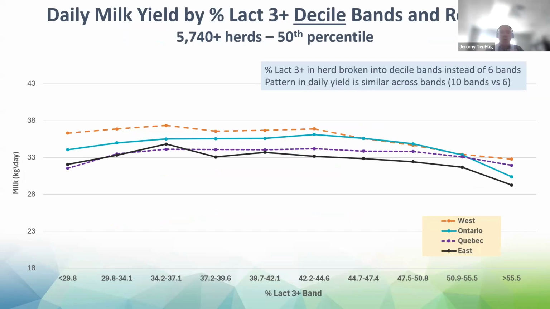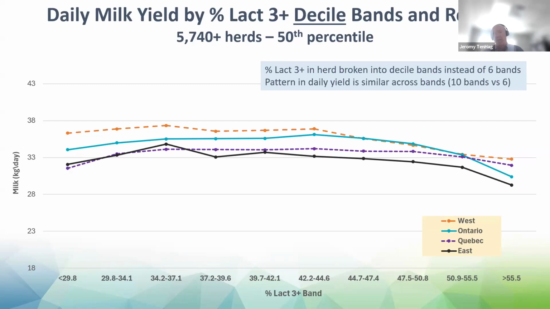So now what we thought we'd do, this is what we tried this year, is, is it going to make a difference if we just break up all the herds in all the regions into equal 10% chunks? So instead of looking at the data in 6 lactation 3 plus categories, now we look at them in 10 categories, and you can see the categories along the bottom, and the herds are equally distributed across these.